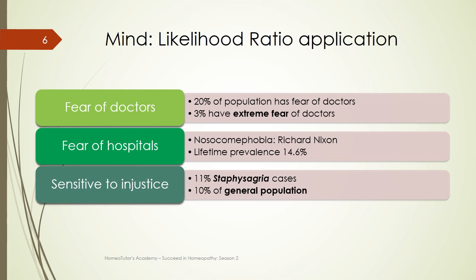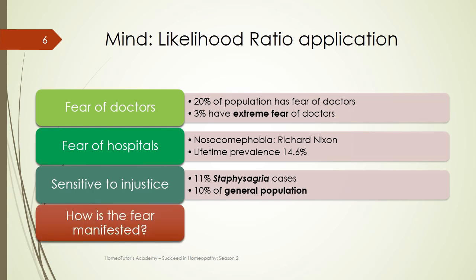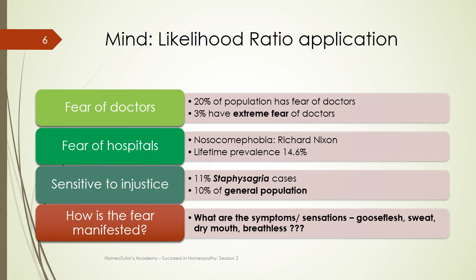It's so close to 1 that it is really of no consequence when it comes to analysis. As a matter of fact, what would have been more important for the practitioner to elicit from the patient would have been the symptoms or sensations such as goose flesh, sweat, dry mouth, breathlessness when the person is facing that fear. But we do not have that information available with us.